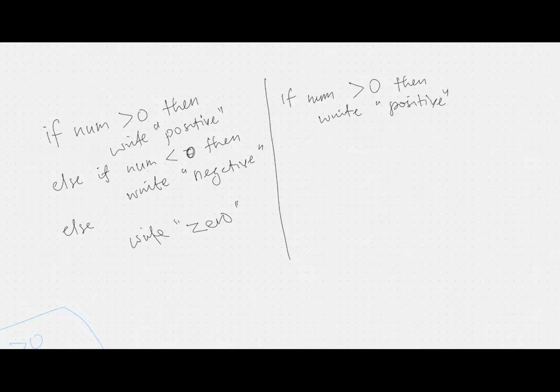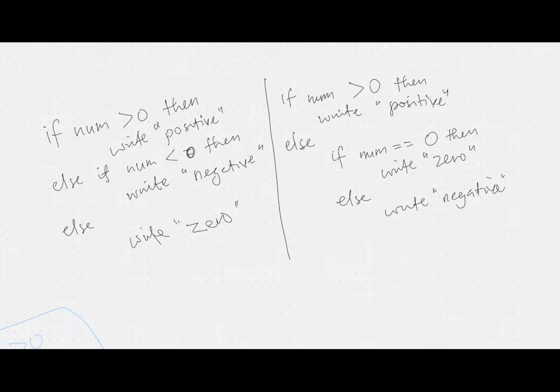Else, then you can have a nested if: if num is equal to 0, then write 0, else write negative. So here you can see I'm using a nested if and another if, and then here I'm using if, else if. So you can do it in different ways.